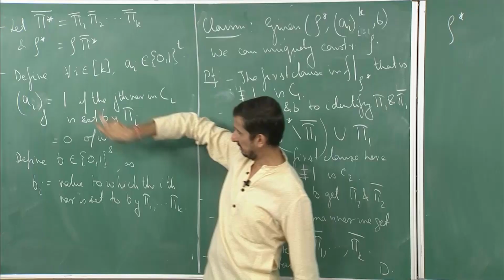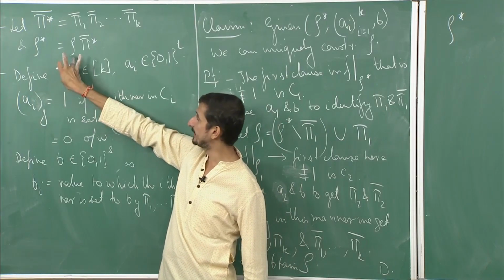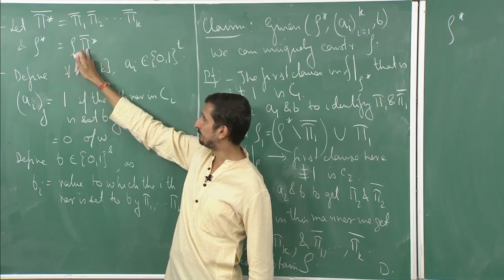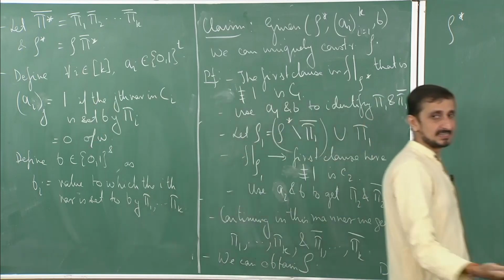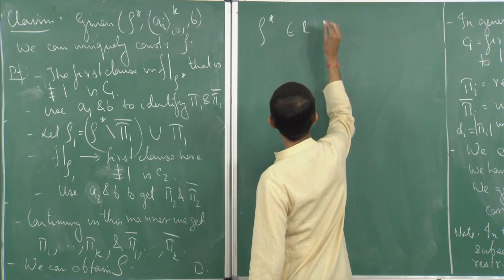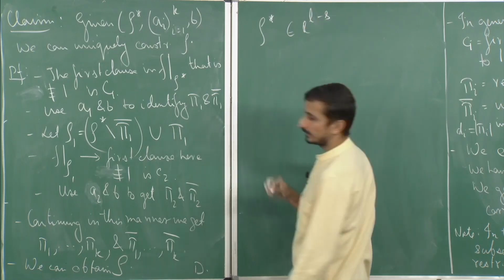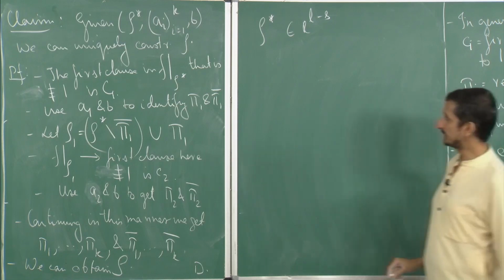So, already I have L variables restricted by rho and pi star bar is restricting another s variables. Okay. So, rho star belongs to a set of size r to the power L minus s. Okay. So, that many variables remain free. So, that part is done.